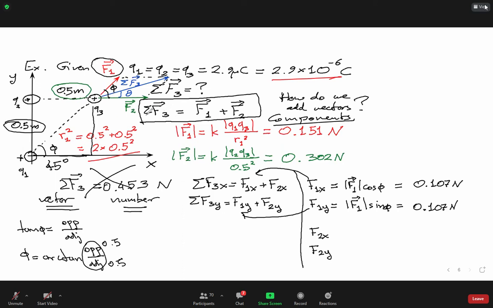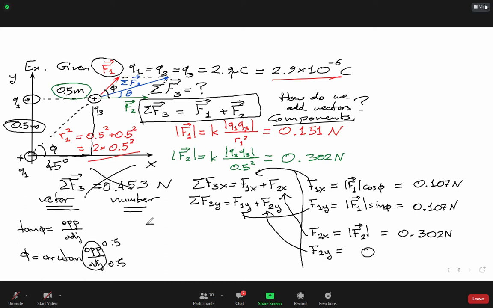What about vector F2? Well, that one is easier because it's all lying on the positive x-axis. So the x component is just the magnitude of F2, which we have here as 0.302 newtons. And the y component is 0. So this will go here, and that will go there.